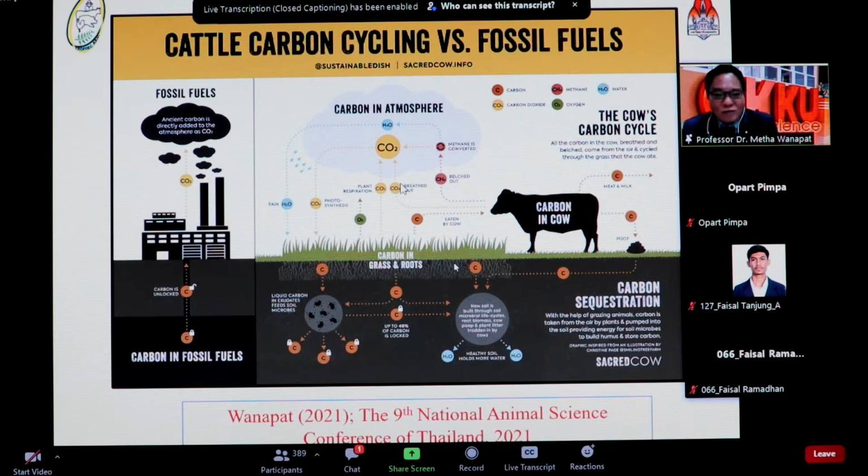And the grass will be consumed by the ruminants as feed, and will be degraded in the rumen by the microbes. There you go. You can see that not everything is all bad, right? It is there, but it is coming back shorter than from the fossil fuels, which is significantly different.